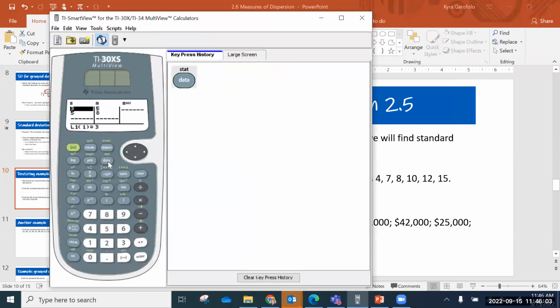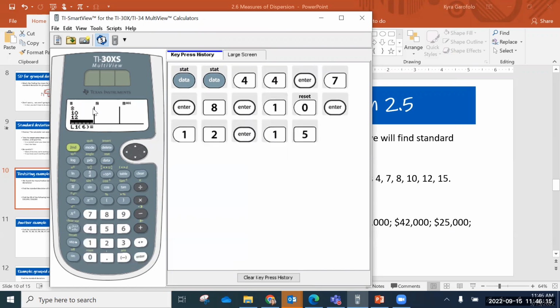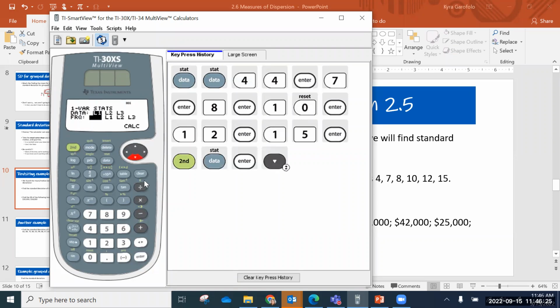And remember, we're going to press data twice to clear it. And then we're going to enter our data: 4, 7, 8, 10, 12, and 15. We're going to press second stat, and we want one variable stats. It's in L1. We don't have a frequency distribution, so we're good. And we're going to press calculate.